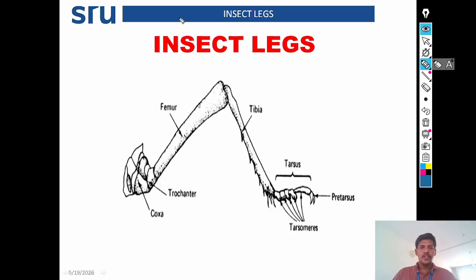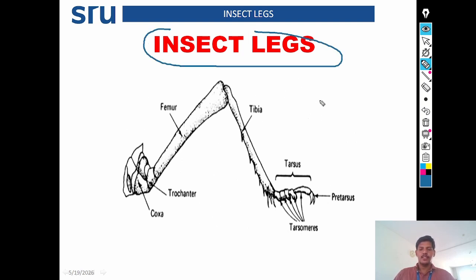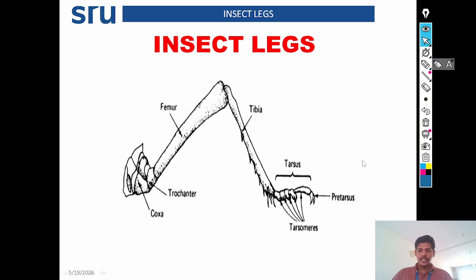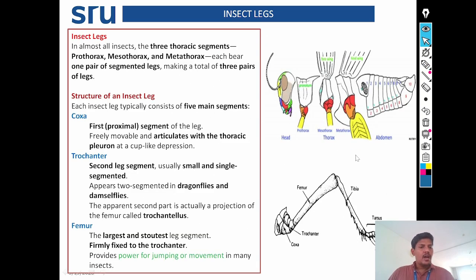In today's session, we are discussing insect legs. In almost all insects, three pairs of legs are there.